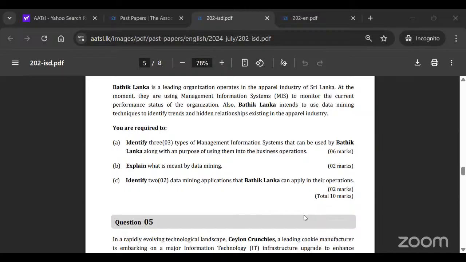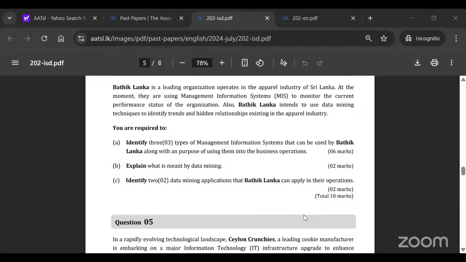And they can use CRM, right? CRM means customer relationship management. CRM can be used to enhance customer satisfaction. And marketing information systems they can use to manage marketing and the sales force, right? Also, they can use knowledge management systems, KMS, right? KMS. Identify means you have to identify, only identify.